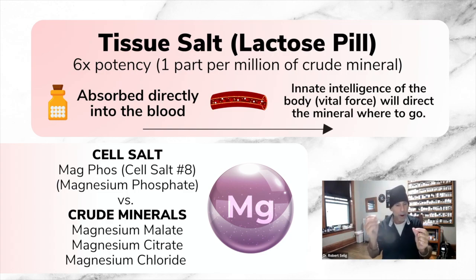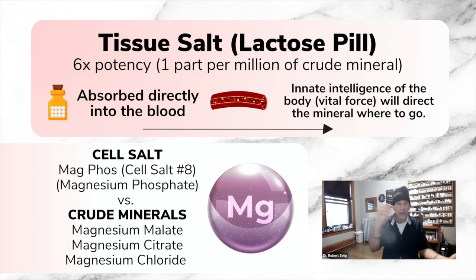So that 1 part per million we take through the mouth, that gets absorbed through the mucosal layer, goes directly into the blood. So we have that mineral, the highest quality mineral, getting into the blood. And what it does is it allows the innate intelligence of the body to direct where that mineral needs to go, which cells are starving for that mineral.